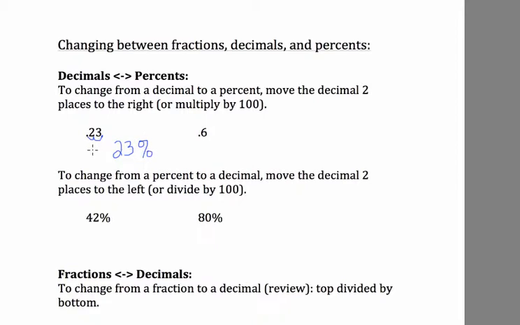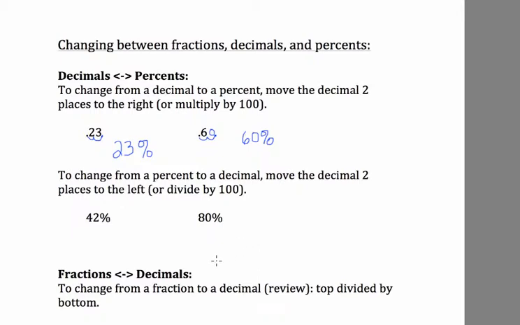So 0.23 as a decimal is the same thing as 23%. 0.6. Again, take that decimal point and move it 2 places to the right. 1, 2. Now in that empty space, put a 0. So 0.6 is 60%.